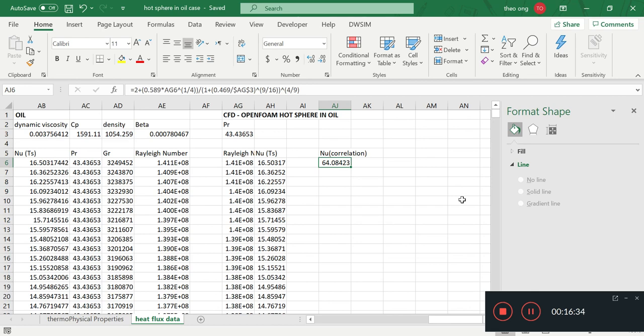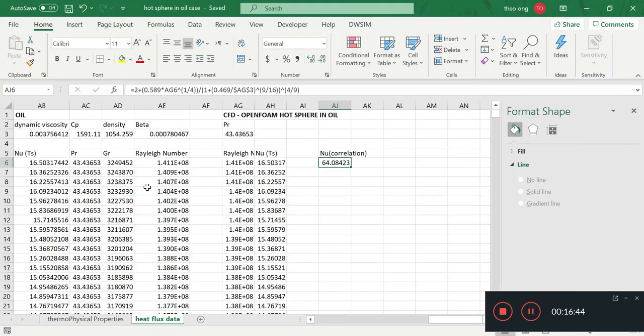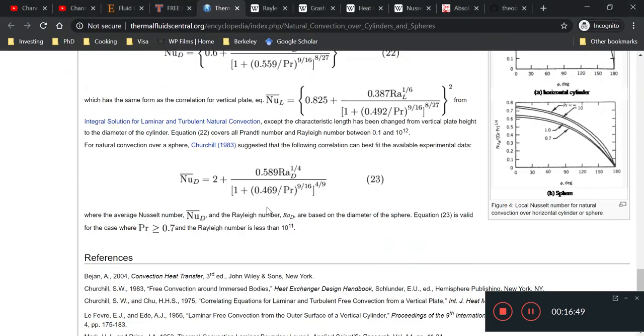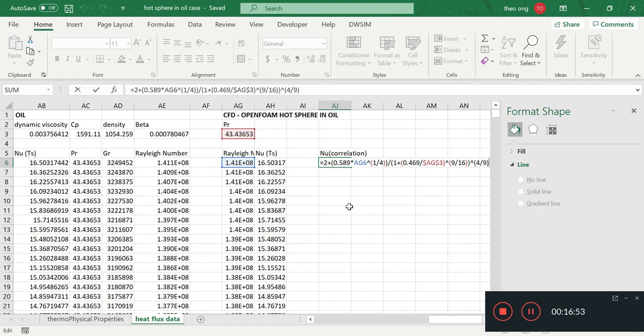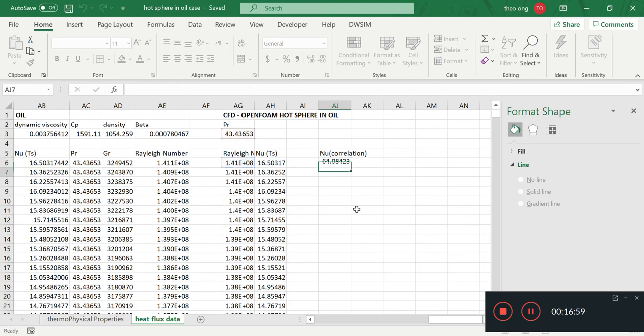I just want to double check. Rayleigh to the power 1 over 4 divided by the Prandtl number function to the power 1 over 9, 0.469, 0.589 on top.